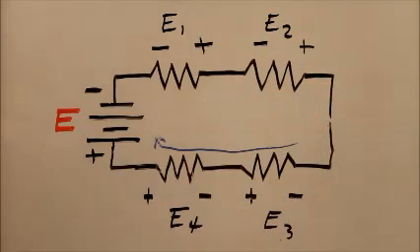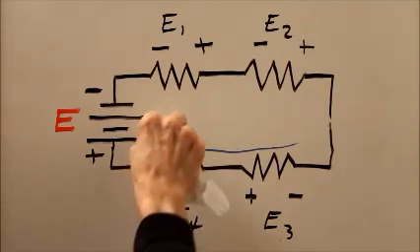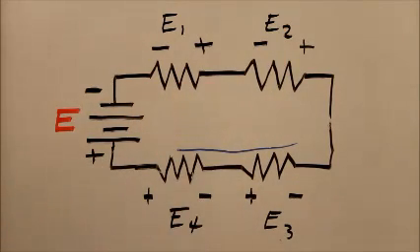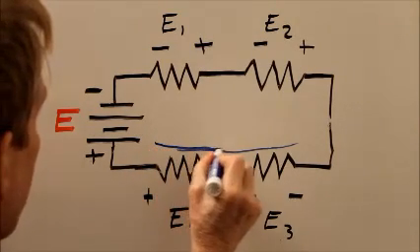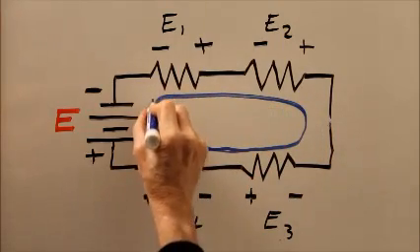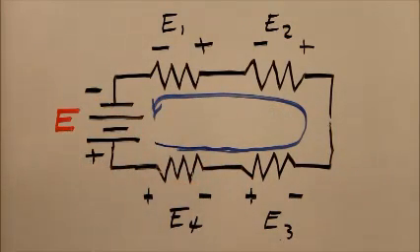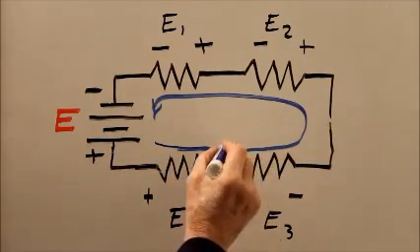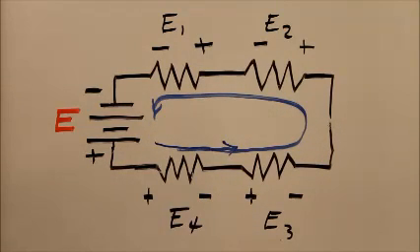Conventional current, that is to say, the current as it was originally expressed by physicists before they knew about electron flow or anything like that, went from plus to minus. It was an arbitrary set of poles that they decided upon. They just decided that one particular type of charge would be called plus and one would be called minus, and the current would go from plus to minus, which makes reasonable sense.